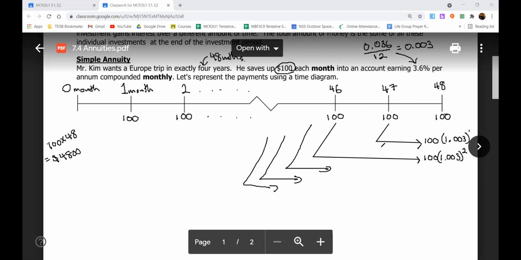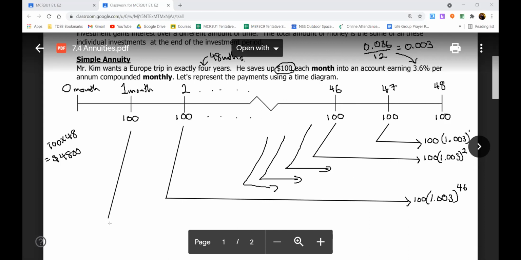The list goes on until I get this one, which is the $100. And how many months did it get to grow in interest? 46 months. And then the very first ever payment, because it was made on the first month, it only had another 47 months to earn interest.